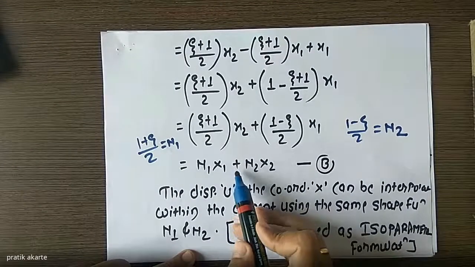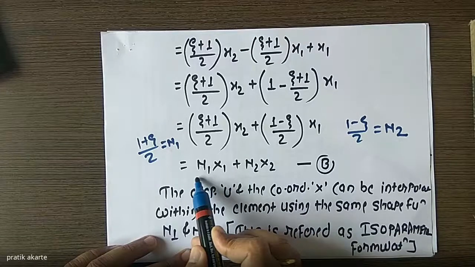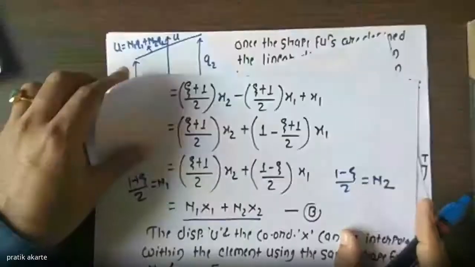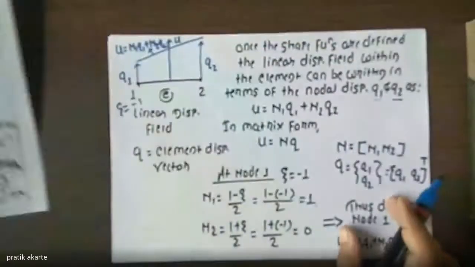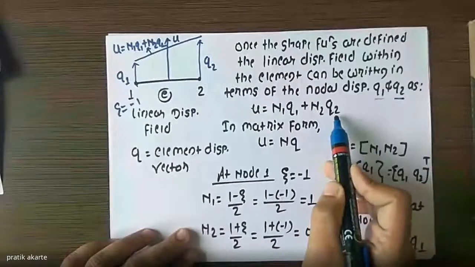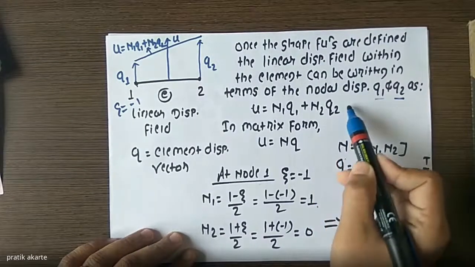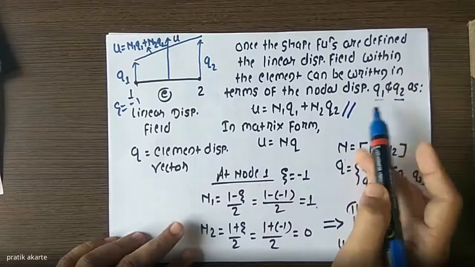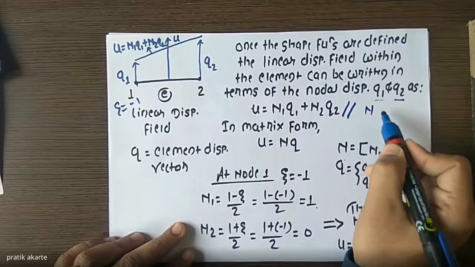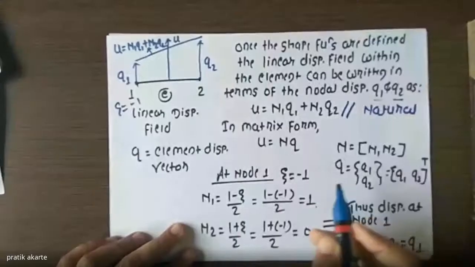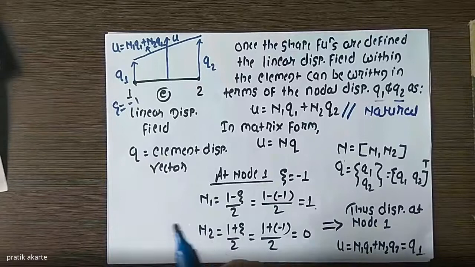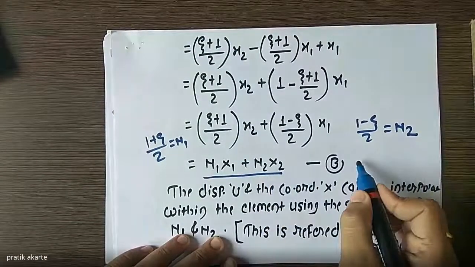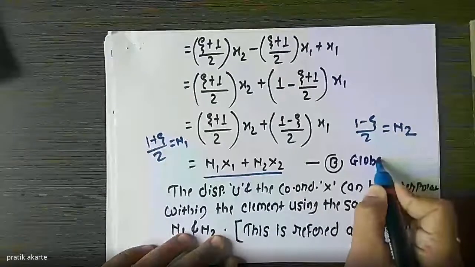Now you see this equation, N1 x1 plus N2 x2. This is one equation, and this is another equation, N1 q1 plus N2 q2. These displacements are in your natural coordinate system, which we have proved, and x1 and x2 are in your global coordinate system.